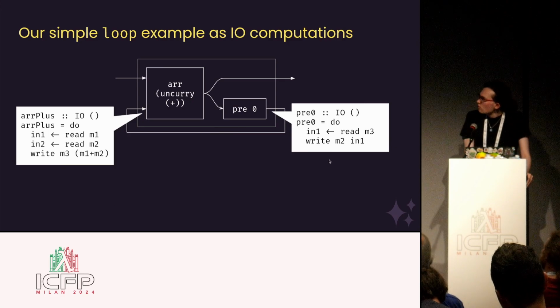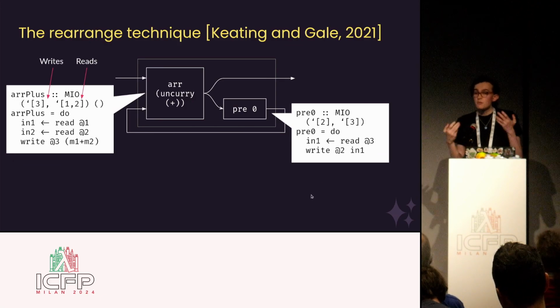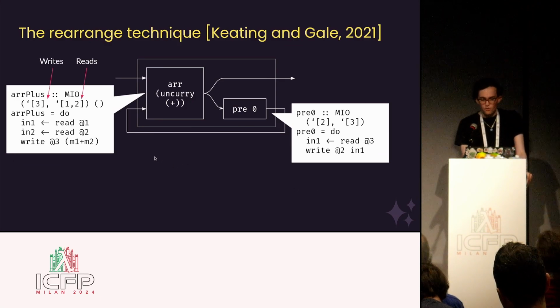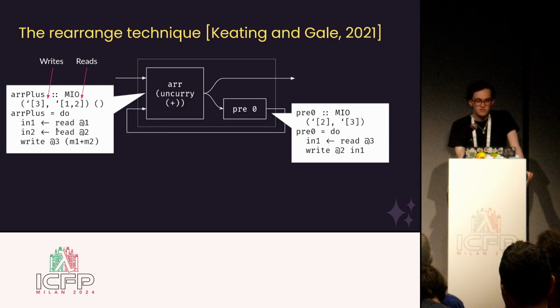We're going to use the rearrange technique to annotate the types of these computations. So in this case, the writes and reads are annotated using these type level lists with representations of the memory cells being used. So in this case, we have 1 and 2 being read, the type says so, and we have 3 being written, the type says so, and similar for pre.